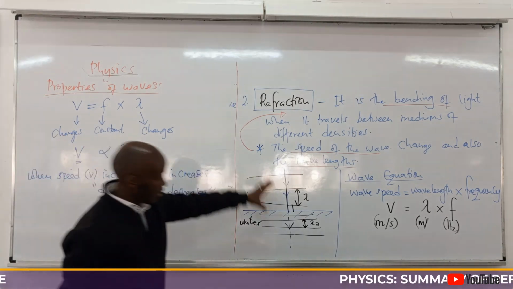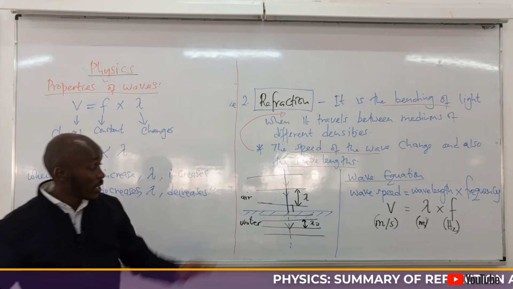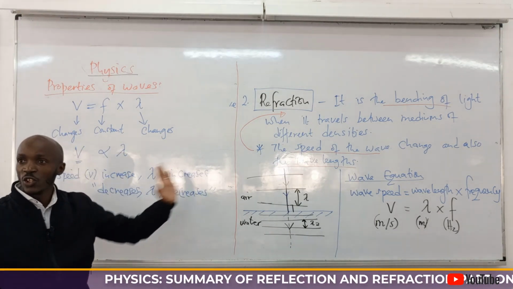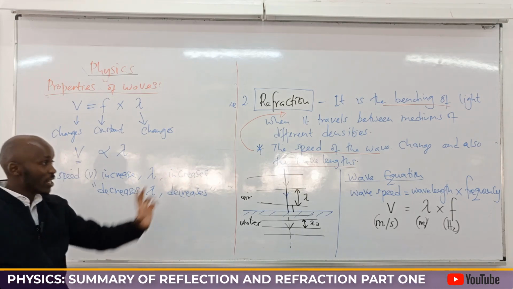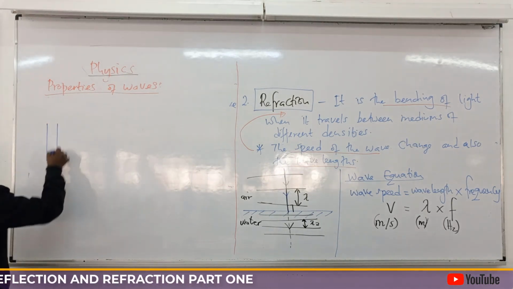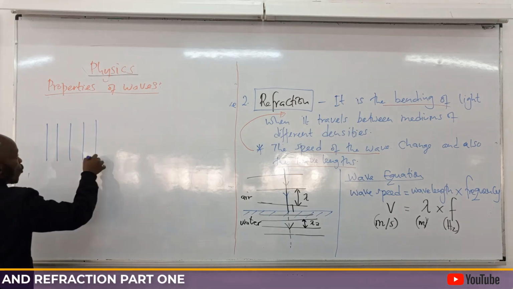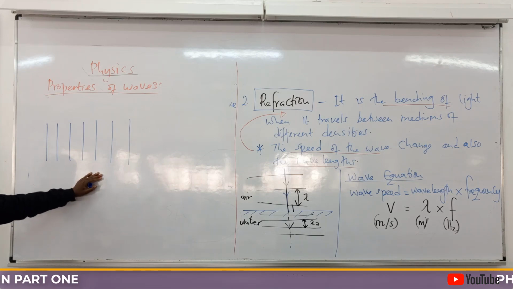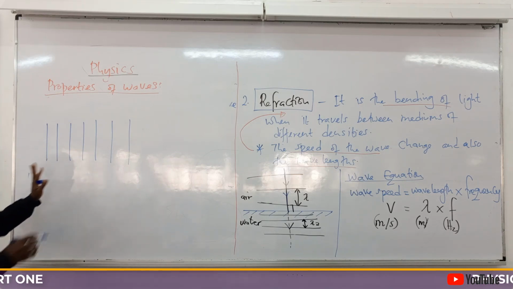So that's why you can see this relationship, or the behavior of the wave as it moves from less dense to more dense. We have used the wave equation to explain that. If a wave, and I'm representing this wave using wave fronts, I'm just trying to make sure that these lines are equidistant.